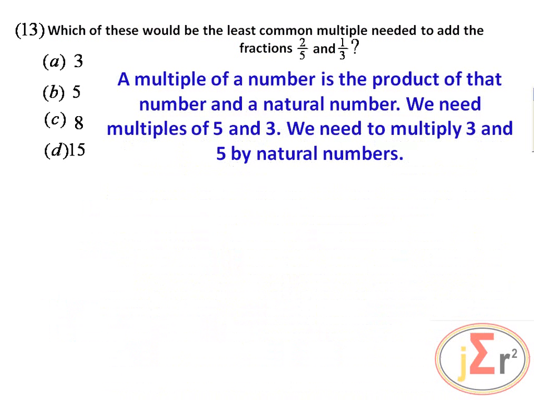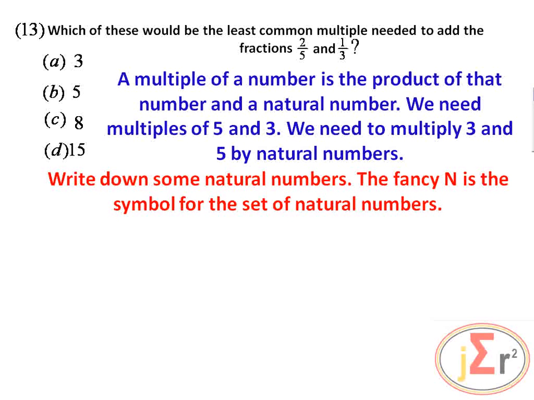A multiple of a number is the product of that number and a natural number. So a multiple is the product of the particular number and another natural number. We need multiples of 5 and 3. We need to multiply 3 and 5 by natural numbers.